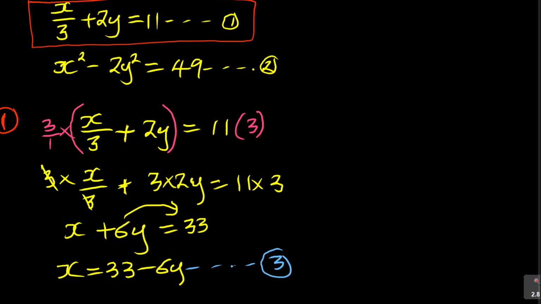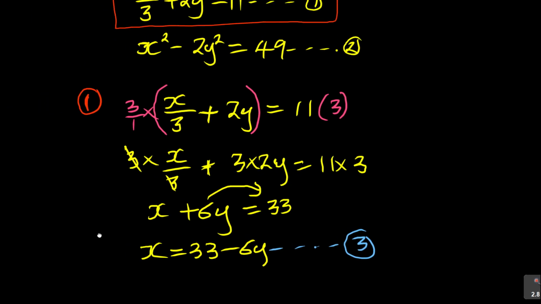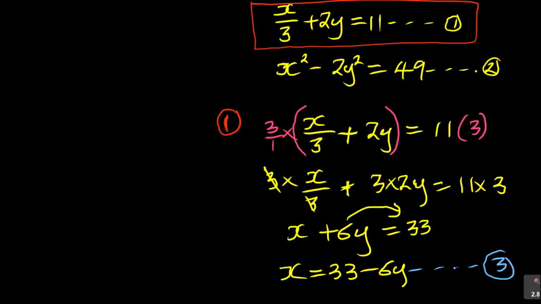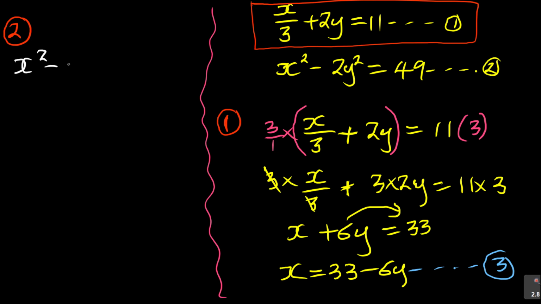Then from here, we come back into equation 2. In equation 2, what are we given? We are given x squared minus 2y squared is equal to 49. That's equation 2. But I know my x now.